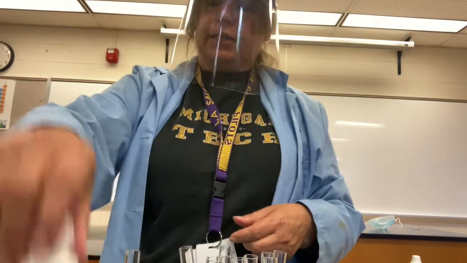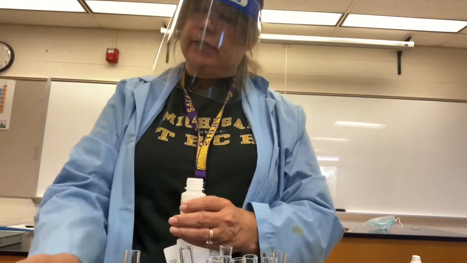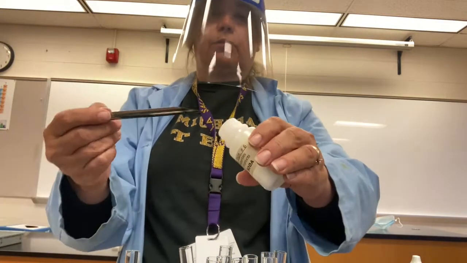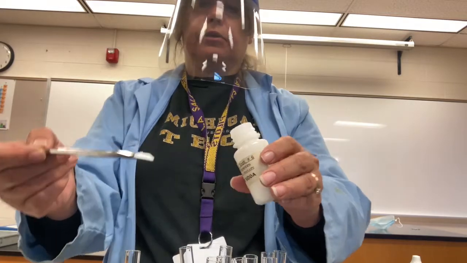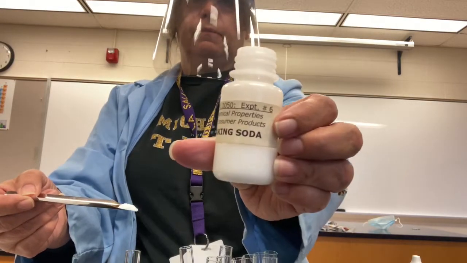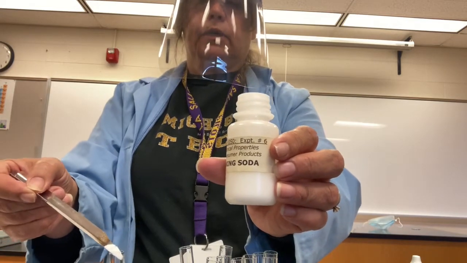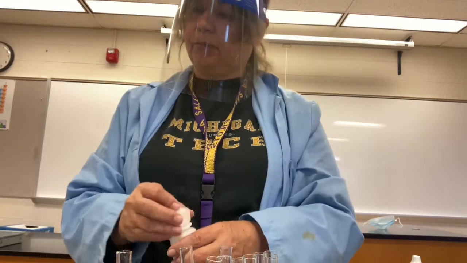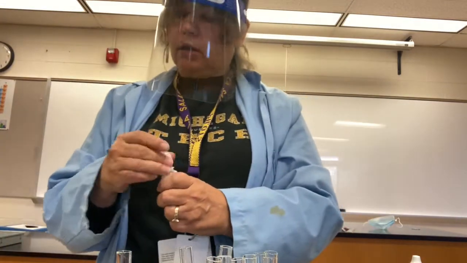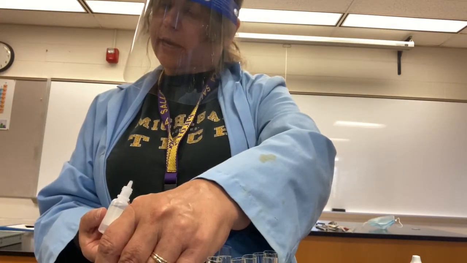We'll take the baking soda, and the instructions tell us to once again take a small amount. So there's a small amount of baking soda, adding it to a test tube. Now I'm going to be adding to this some water in order to dissolve it. It doesn't dissolve super well, but the instructions tell us to add 1 ml.